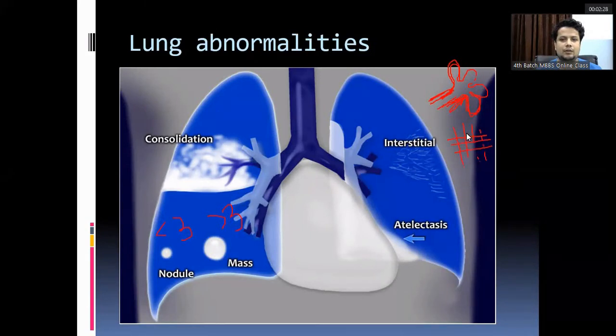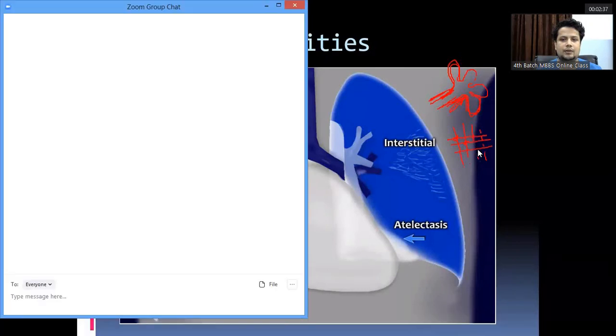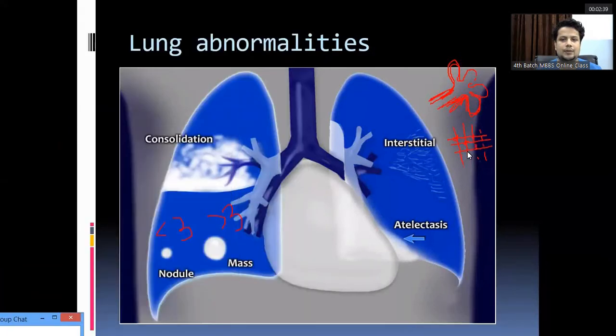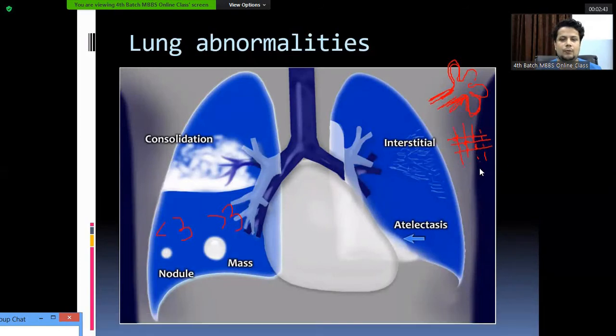And where they coalesce, there may form nodules. When there is formation of nodules at the intersection of the linear opacities, this is called the reticulonodular opacities. So interstitial opacities may be of three types: linear opacities, reticular opacities, and reticulonodular opacities.